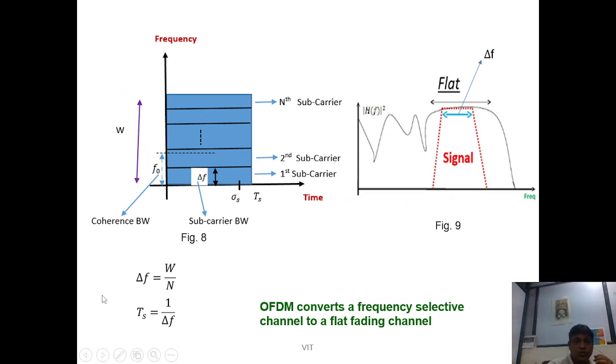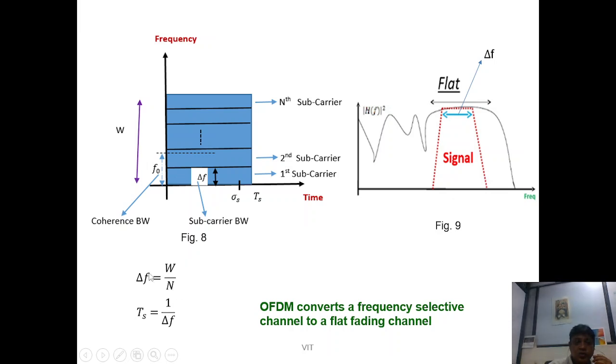The way is to slice the available total W band into n number of bands. Obviously, if I make a small slice, the bandwidth becomes W by n.